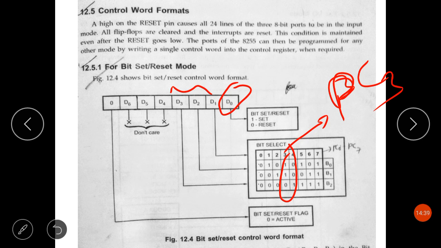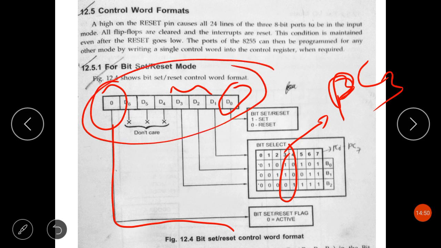If it is 1, PC3 will be set. If it is 0, PC3 will be reset. And here 0 means the mode is bit set or reset mode. So bit set or reset mode is used for setting or resetting the 8 pins of port C.